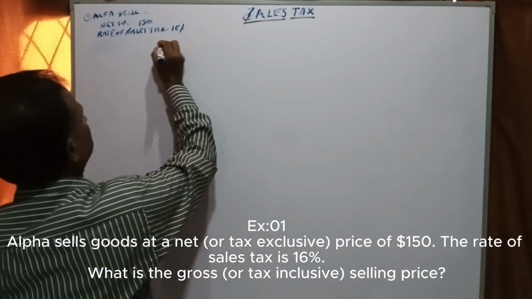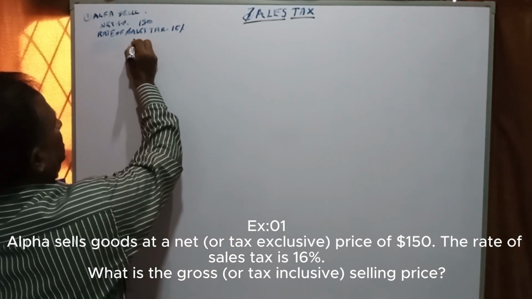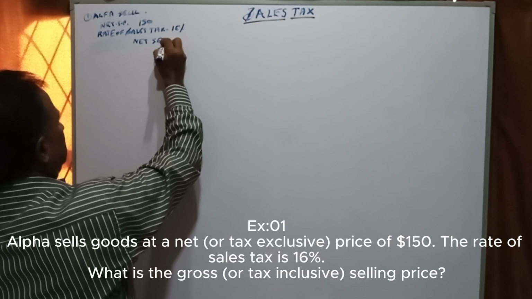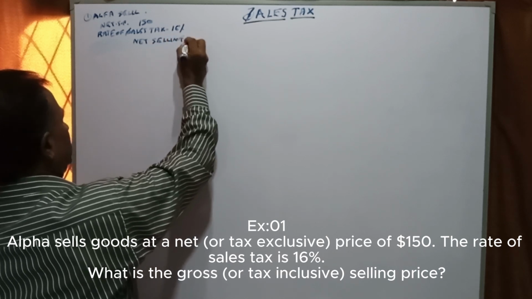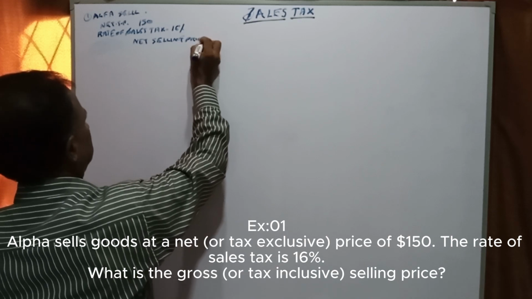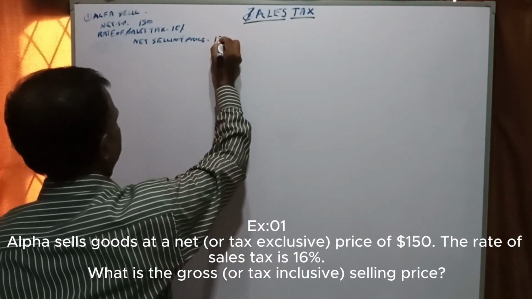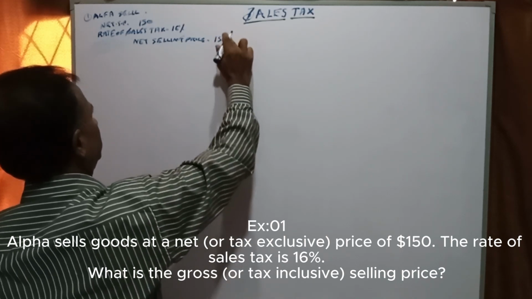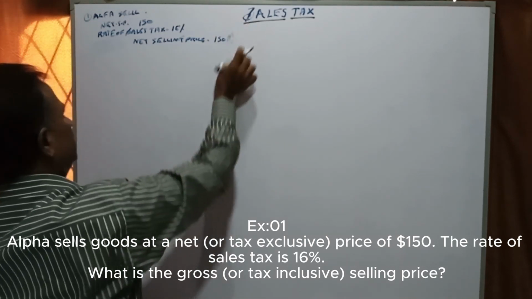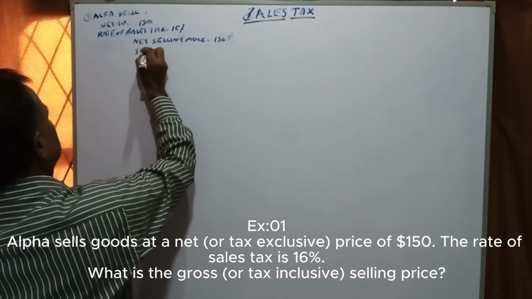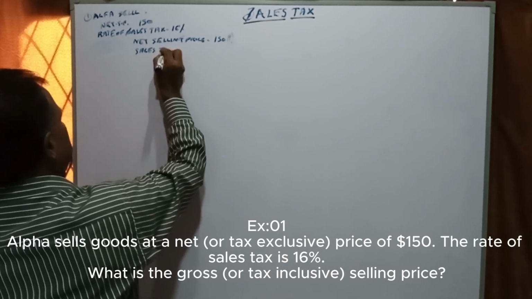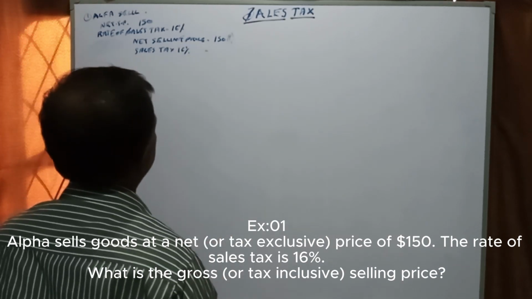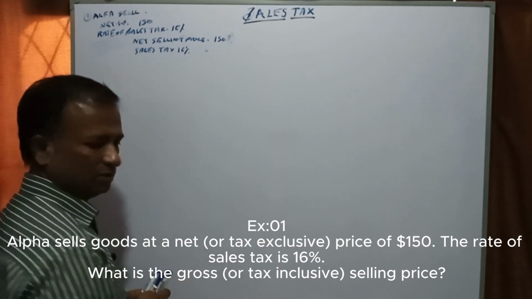So the net selling price is 150. Then what is the tax? Sales tax at the rate of 16 percent.